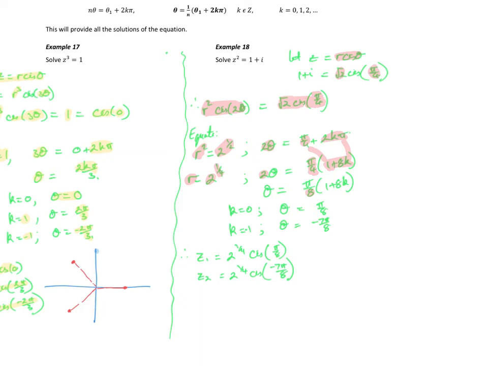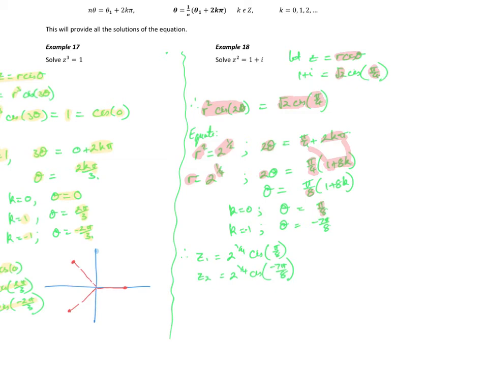So again, substitute suitable values for k. If I put k equal to 0, I get 1 plus 0, so I get pi on 8. I can put k equal to 1, which means I get 1 plus 8, which is 9. So I get 9 pi on 8, which is slightly bigger than my principal argument domain.